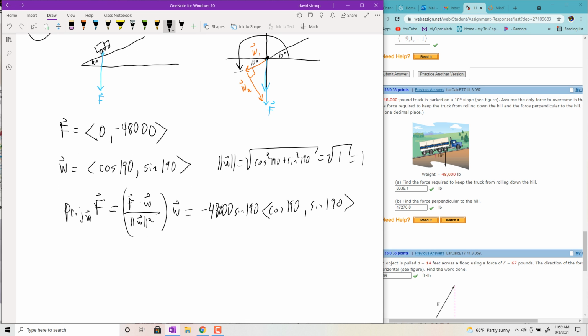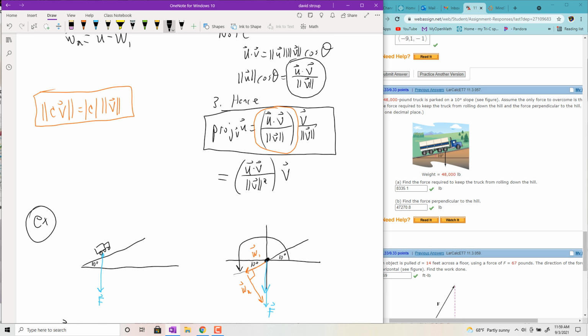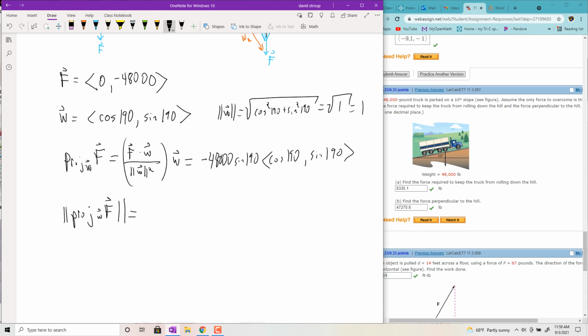Then to get the magnitude of the projection, rather than distributing this constant into the vector, let's just use our relationship up here. You could take the absolute value of C and then just find the magnitude of this thing, which we know is 1, right? So it's just the absolute value of negative 48,000 sine 190, times the magnitude of this thing, which is 1.